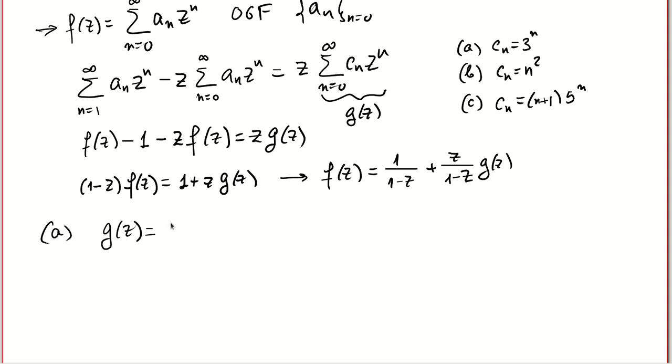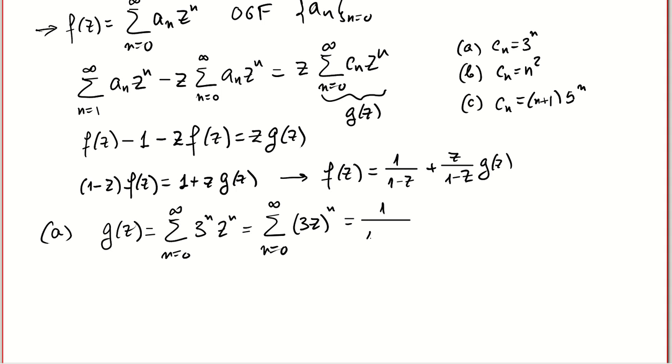G of z is the sum from 0 to infinity of 3 to the n times z to the n. But this is equal to the sum from 0 to infinity of (3z) to the n, and this is just the geometric series, so this is 1 over 1 minus 3z.